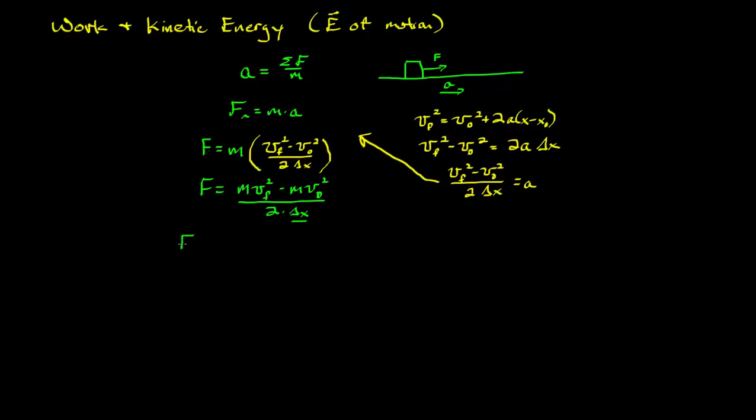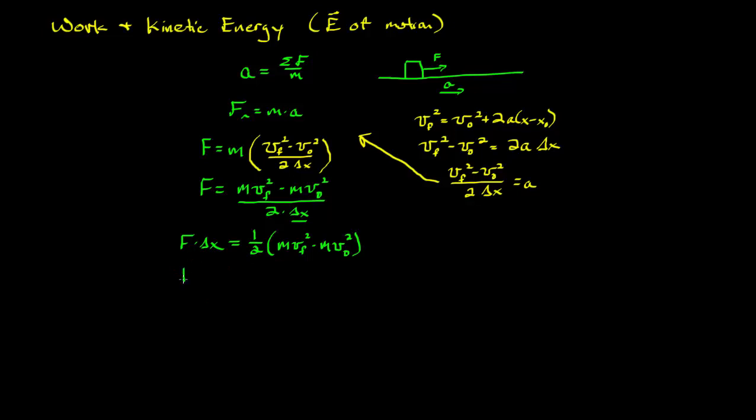So we get force times delta x, or displacement. And this 2, I'm going to write out in the front. So that's 1 over 2 times all this stuff inside: m Vf squared minus m V naught squared. All I did was pull the 2 out in front and move the x over.